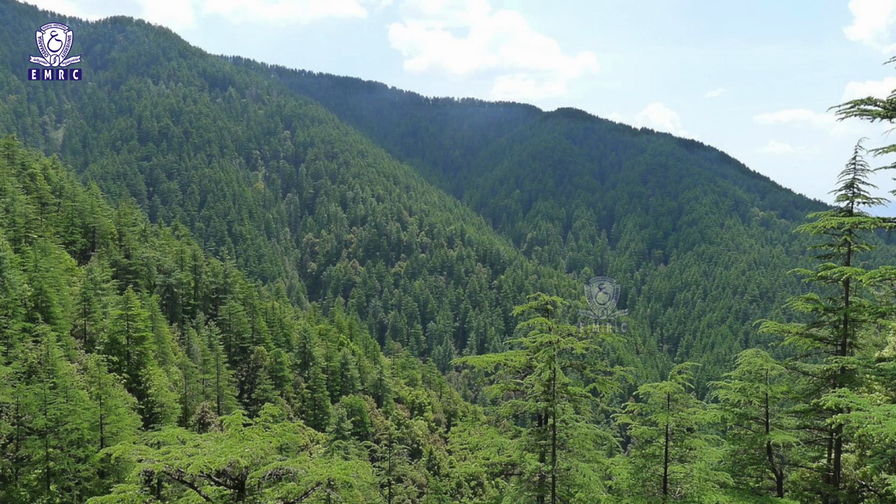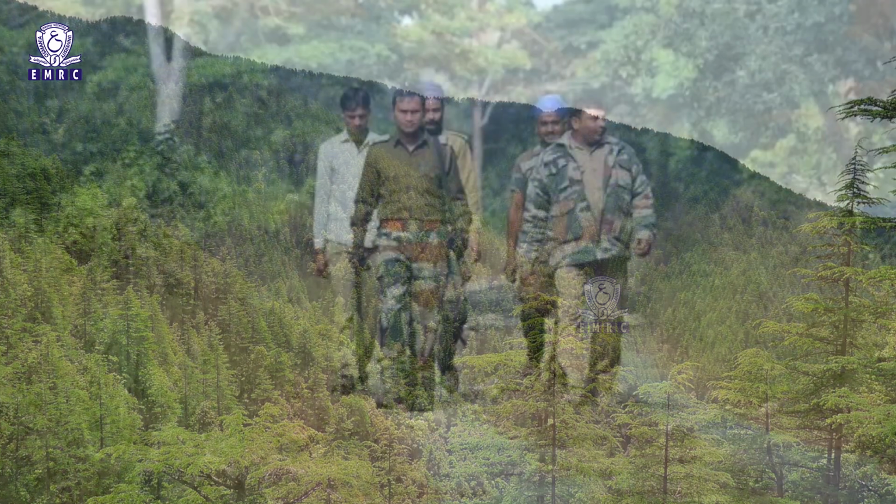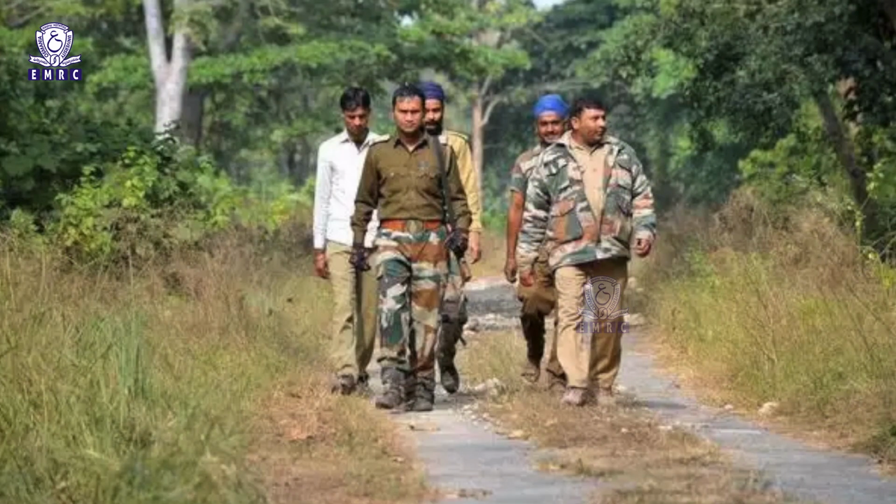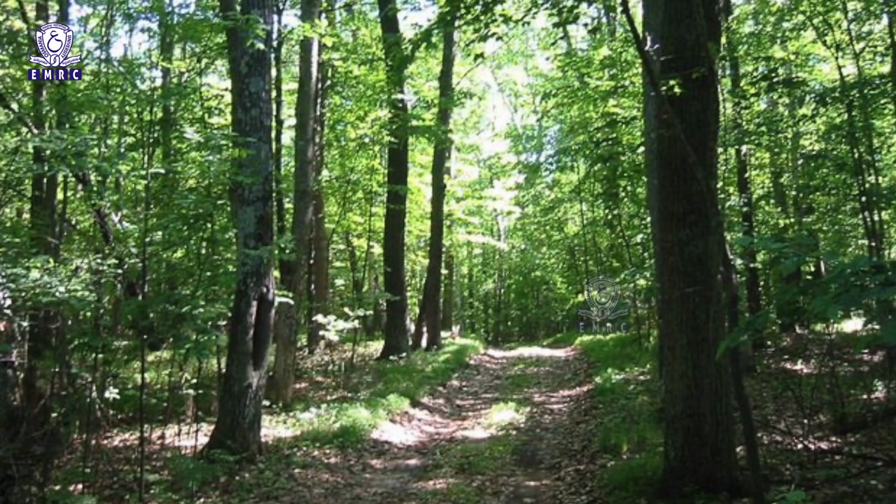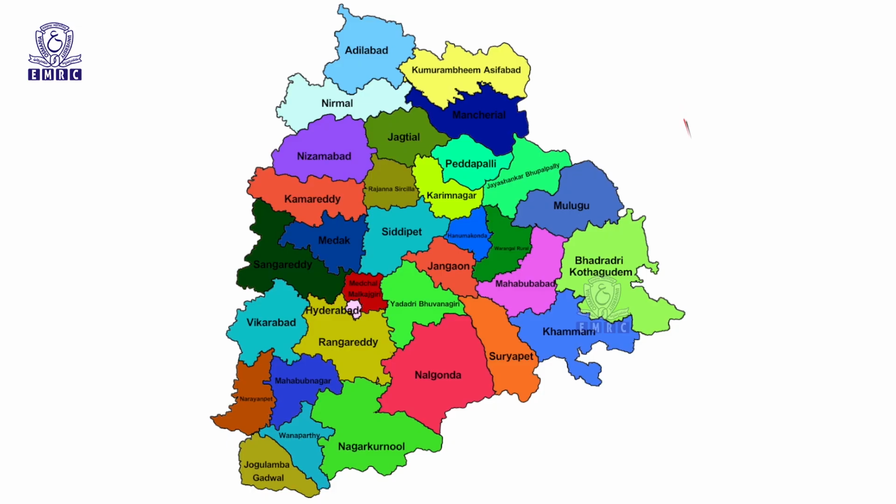It includes 19,626.23 square kilometers of reserve forest, that is 17.2%, 6,953.47 square kilometers of protected forest, about 26%, and 642.3 square kilometers of unclassed forest, that is 2%. The districts with the highest forest area in the state are Mulugu and Bhadradri Kottagudem. The districts with the lowest forest area in the state are Karimnagar and Jogulamba Gadwal.